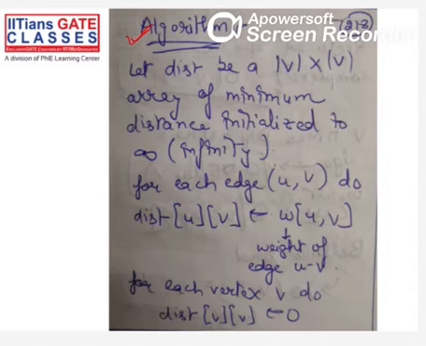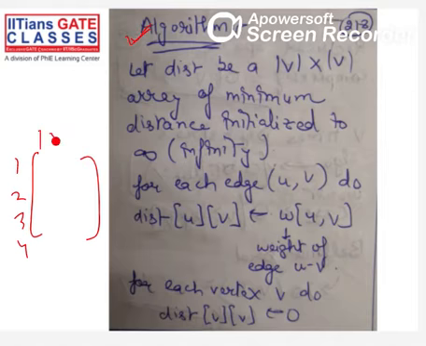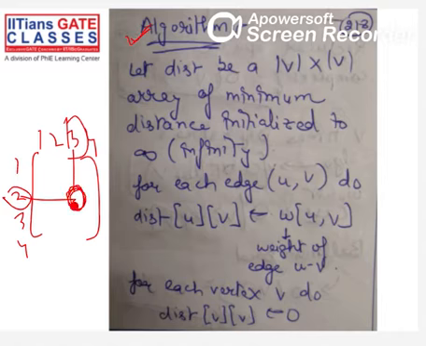First, you draw a V cross V array. Your number of rows is V, number of columns is V, and each value in that 2D matrix represents the distance between those two nodes. If I draw 1 2 3 4 and 1 2 3 4, and I say 2 comma 3, this value represents the shortest distance from 2 to 3.